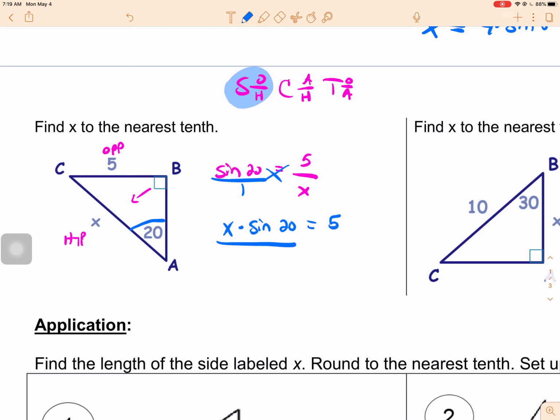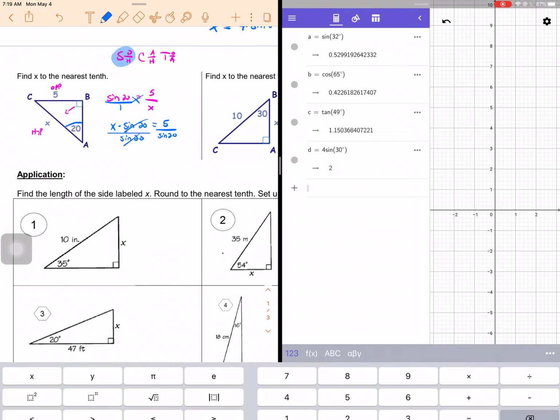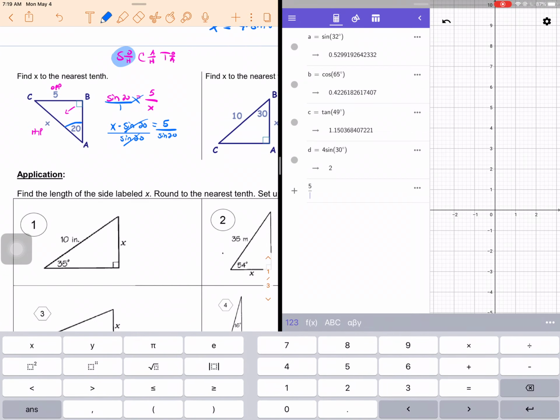Solve for x, so divide both sides by the sine of 20. So you get x equals 5 divided by sine 20. Right into the calculator: 5 divided by sine of 20 is 14.61. It says round to the nearest tenth, so x equals 14.6.